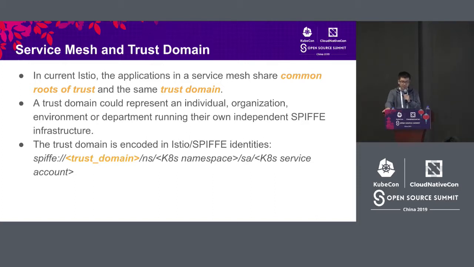A trust domain could represent an individual, an organization, an environment, or a department under their own independent SPIFFE infrastructure. The trust domain is encoded in the Istio identities, which are compliant with the SPIFFE standard, in the following format: spiffe://trust-domain/ns/namespace/sa/service-account.